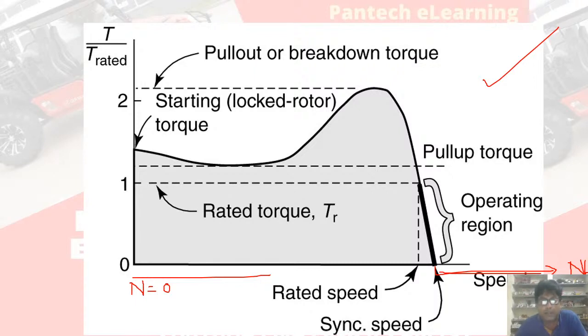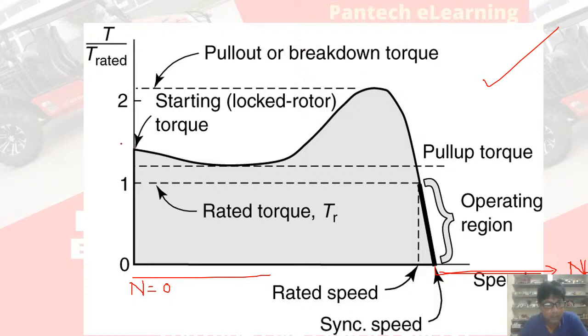Then the EMF generated in the rotor is very high, because it is d phi by dt. Suddenly the maximum number of flux lines is cut by the rotor conductor, so high voltage is developed in the rotor. And yesterday, from the construction of the induction machine, we learned that the rotor bars are short circuited. Due to that, suddenly very high current flows through the rotor bar, which causes high torque.